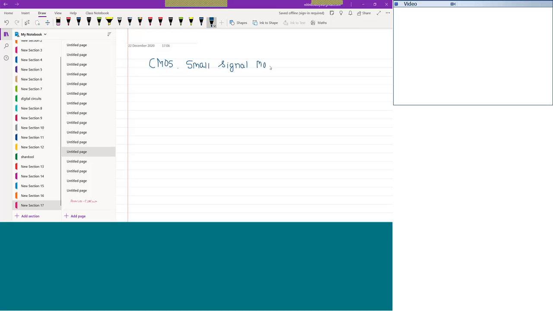We will start with the small signal model for the MOSFET, and a very important aspect known as the cascade amplifier.